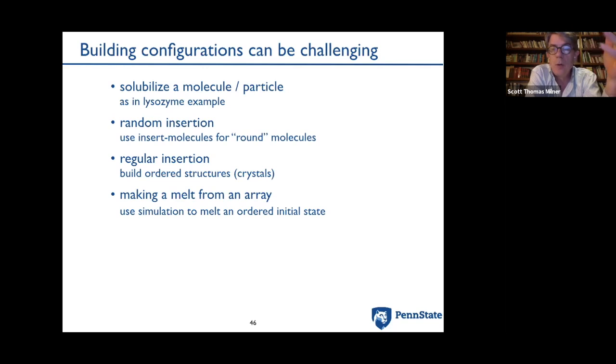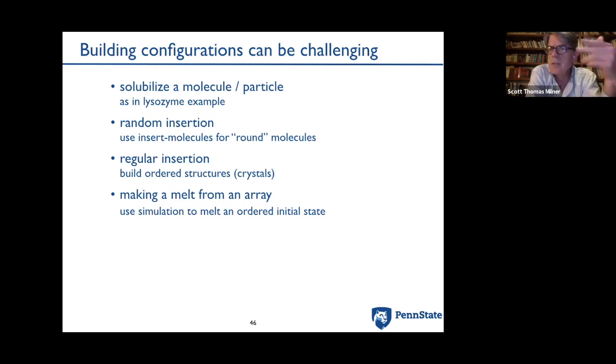Or if you want to make something like a salt solution, then you can do that using solvate and GenIon for changing some of the waters into ions. So there are tools for that.